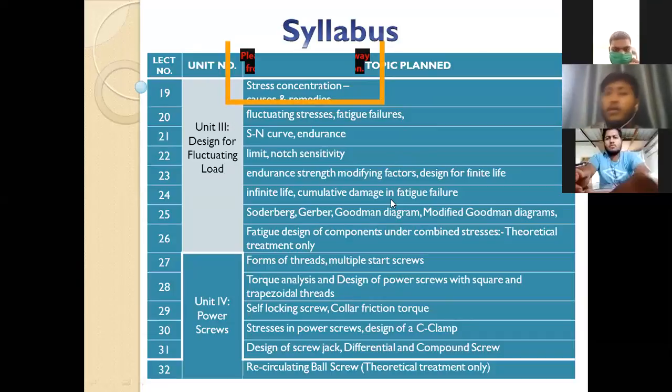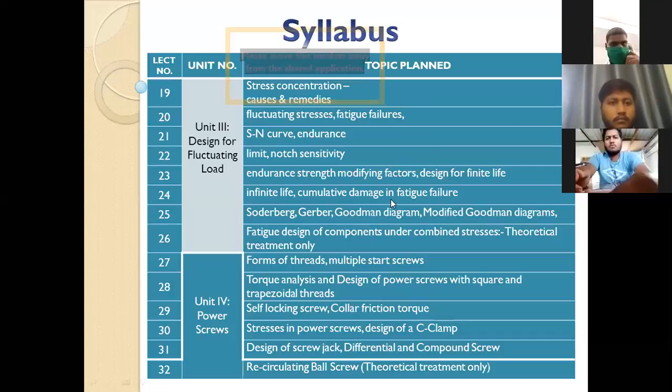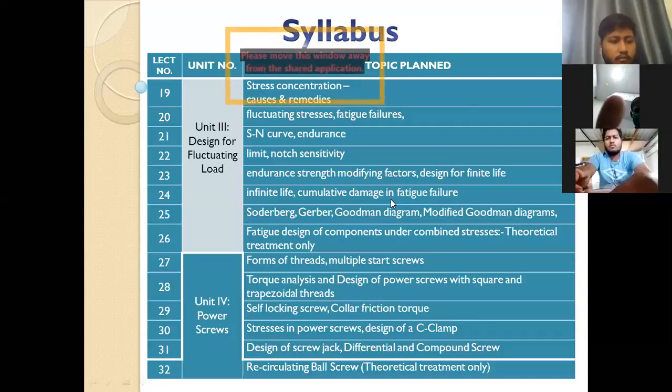For that, we need to know what the fluctuating stresses are, what the SN curve is, what the endurance limit is, what notch sensitivity is. So in the first few lectures we'll go through the concept of fluctuating load and the concept of stress concentration. And once we know that, then we will try to have a design on that. For that, we'll be using the Soderberg, Gerber, and Goodman diagrams, and using those diagrams, we'll try to have a design.